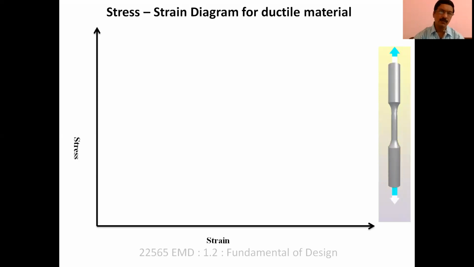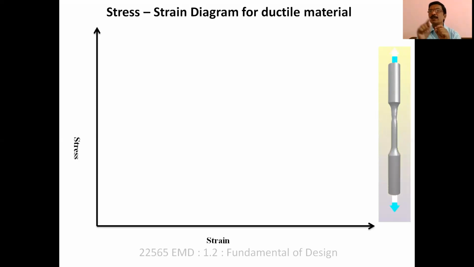Now let us start with our graph. You'll find that there is stress on the y-axis and strain on the x-axis. Stress is defined as force divided by area, and strain is defined as delta L by L. If F divided by A is constant because that is the cross section area, then stress is directly related to force.